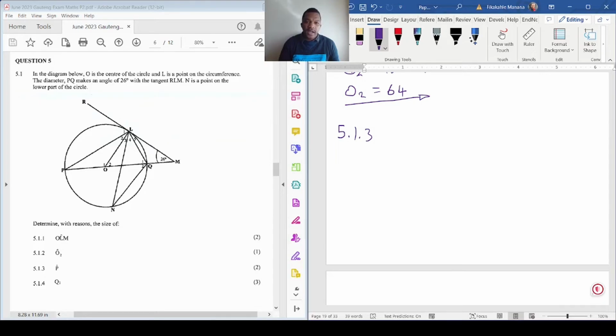So I can say O2 is equal to twice the angle of P, and the reason is angle at center is equal to 2 times the angle at circumference.